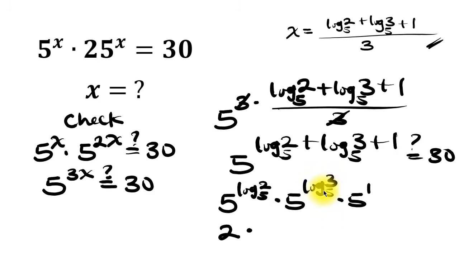The base here and the base here are the same. We'll take the number, which is 3, times 5 to the power of 1 is 5. So 2 times 3 times 5 is actually 30. So our value for x equal to log base 5 of 2 plus log base 5 of 3 plus 1 all over 3 is actually correct.